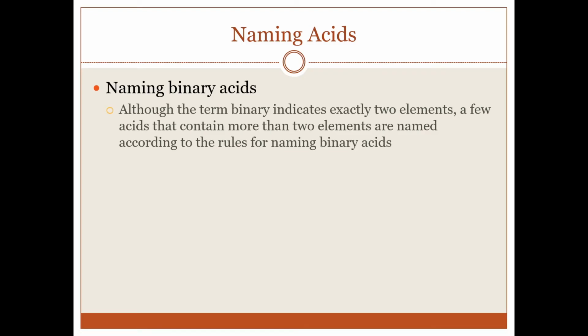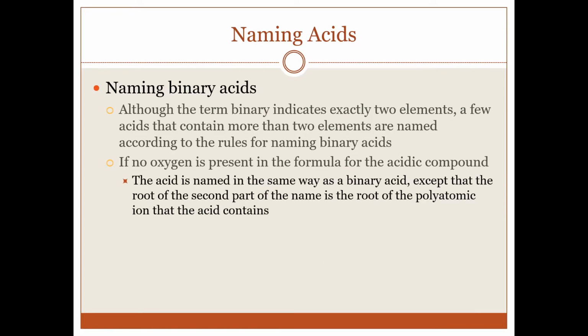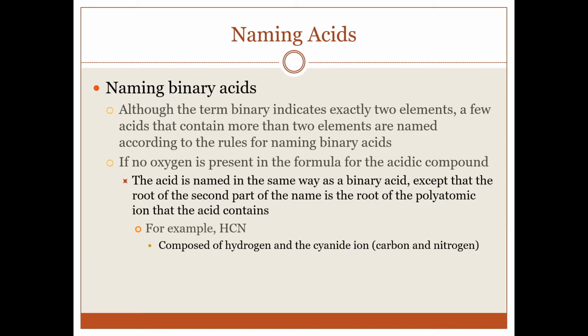There are a few acids that also go by the binary acid naming rules. For example, if no oxygen is present in the formula for an acidic compound, the acid is still named in the same way as a binary acid. The only exception is that the second part of the name is the root of the polyatomic ion. For example, we have HCN, so it's made of hydrogen and cyanide, which is just carbon and nitrogen.